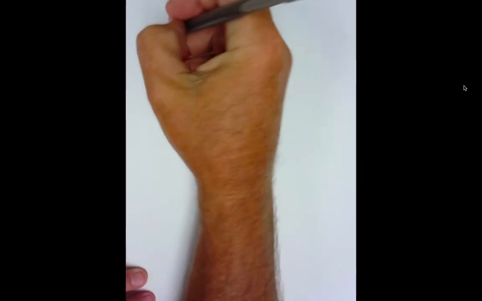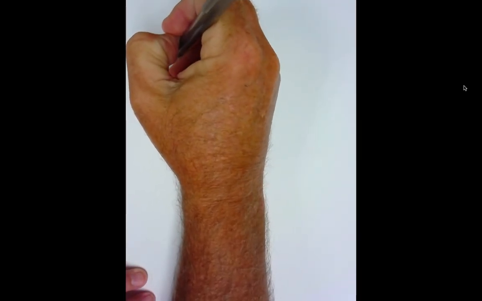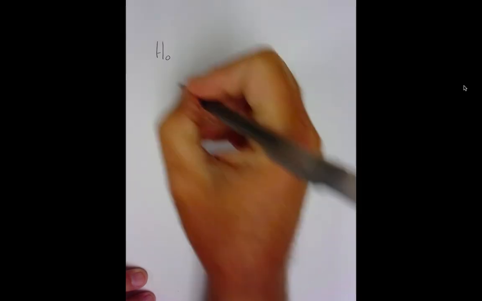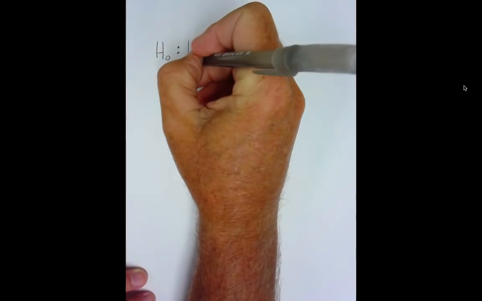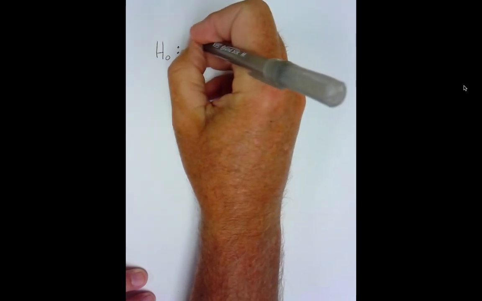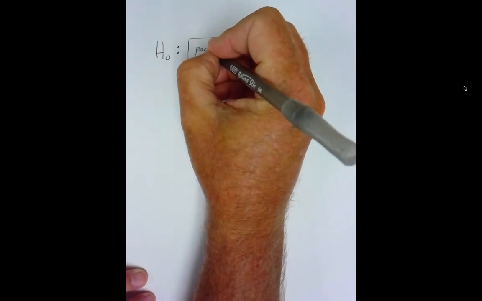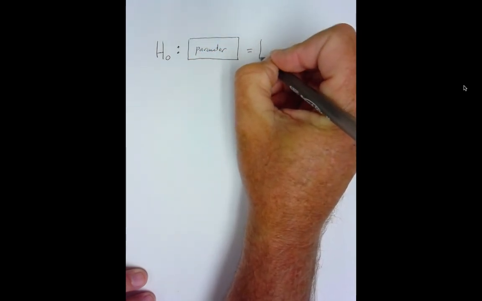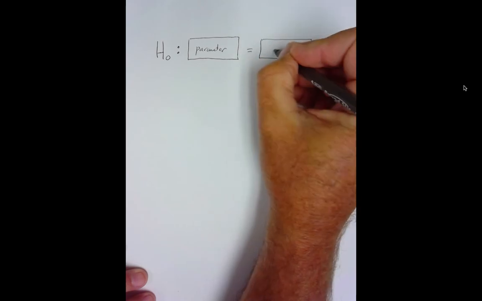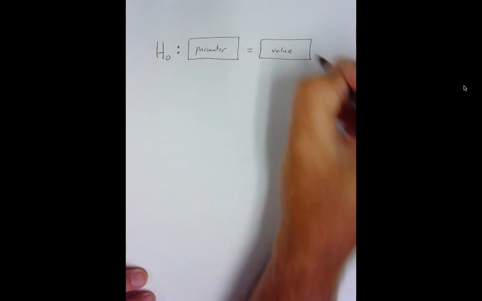Now, the best way I think to learn about setting up null and alternative hypotheses is to look at examples. But guys, let me give you the skeleton first. The null hypothesis is always presented as H sub O, a colon, the parameter equal to a value.